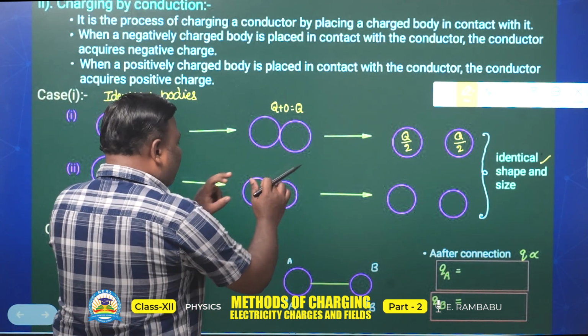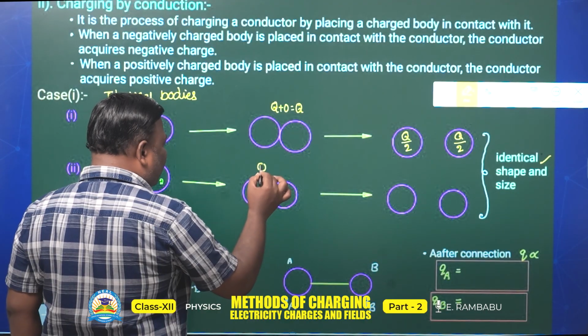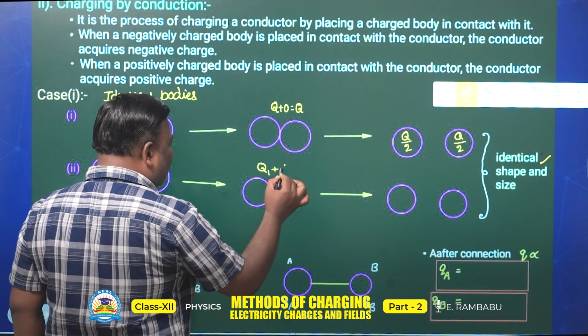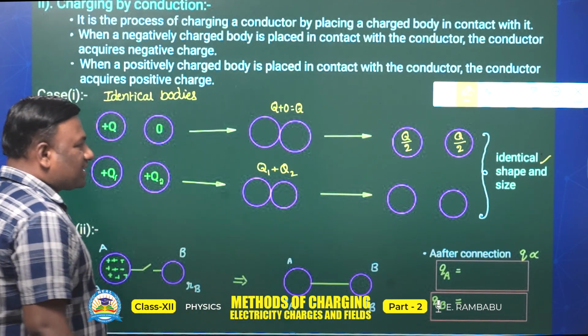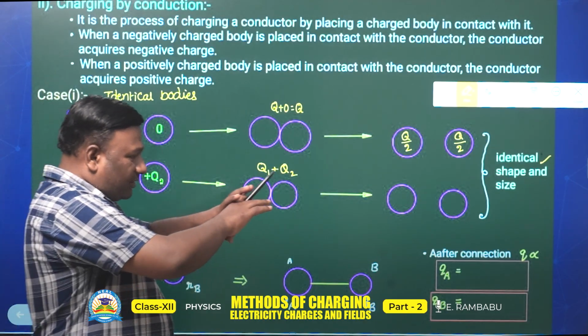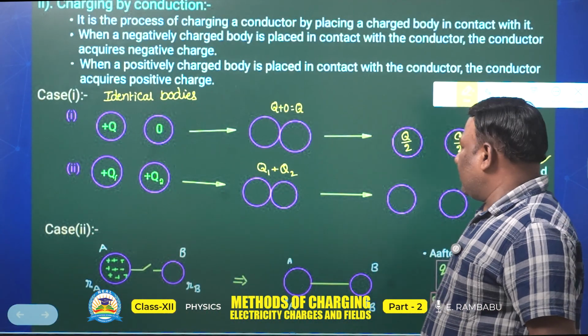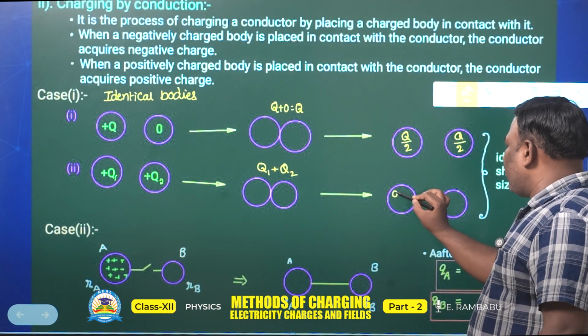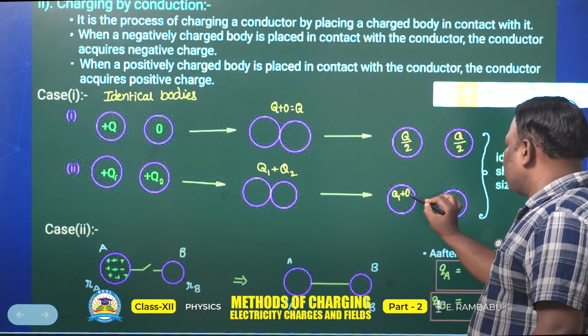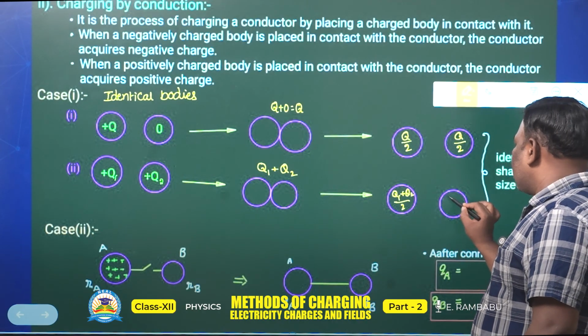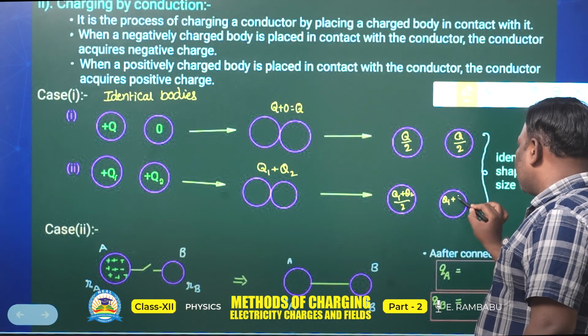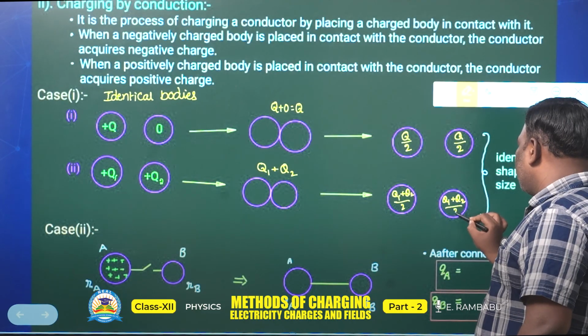Whenever these two identical bodies are taken into contact, the total system charge is q1 plus q2. After separating them, the charge acquired by the first body is (q1 plus q2) by 2, and the charge acquired by the second body is also (q1 plus q2) by 2.